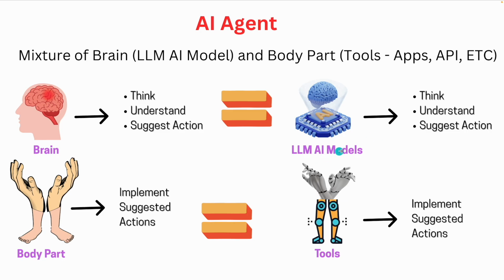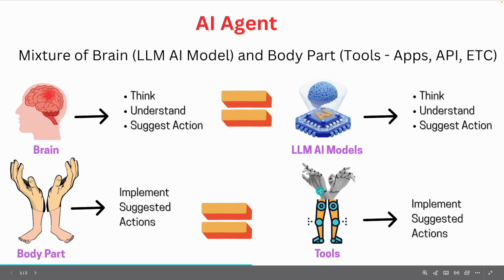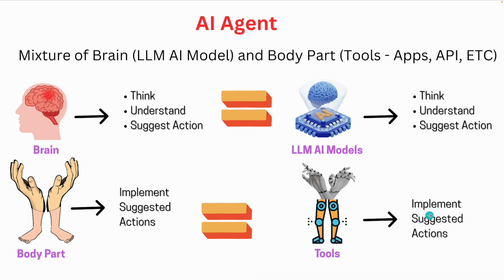The LLM model is the artificial brain, so whatever it thinks, understands, and on that basis suggests that this particular action is to be performed, that action is completed by tools, which are like hands and legs for the AI agent.